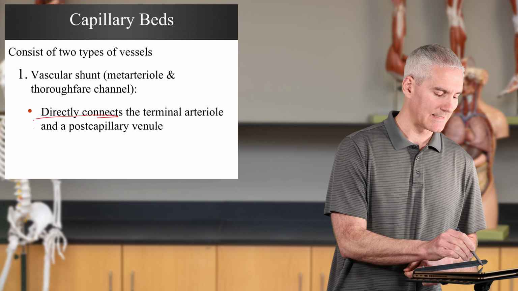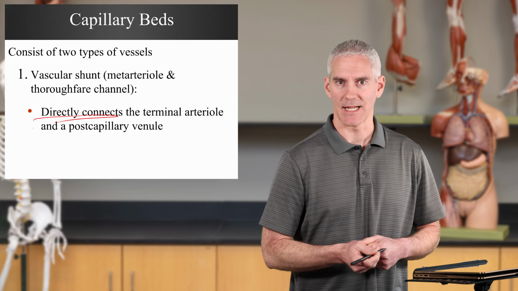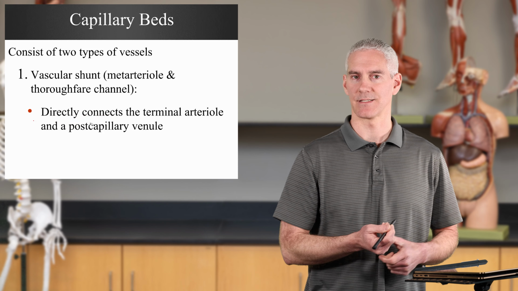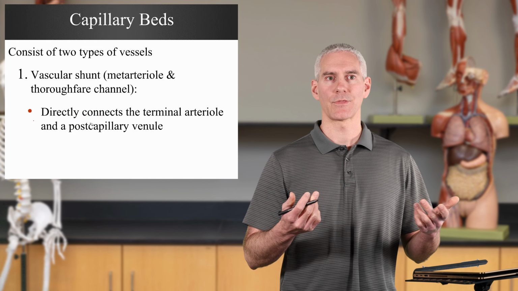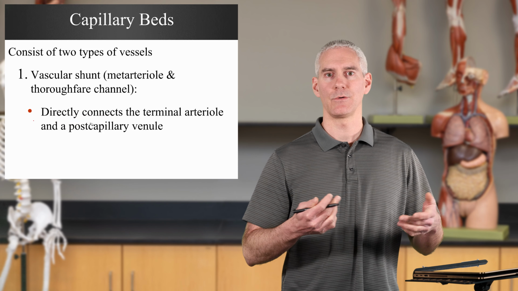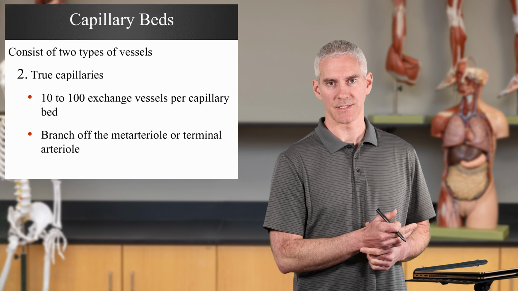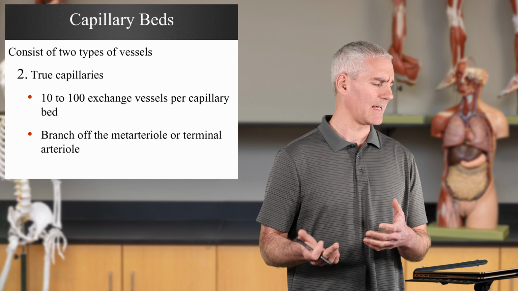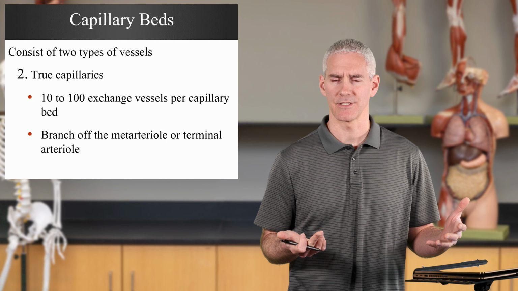You'll do this if you're not really needing to exchange any ions or nutrients or gases. Maybe you're going through a tissue and that tissue already has a full amount of nutrients and gases. Well, just simply get back out of there and head back to the heart. The other type are the true capillaries. And these true capillaries I have down here 10 to 100 exchanges.